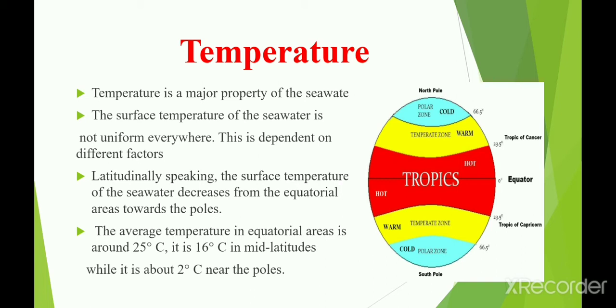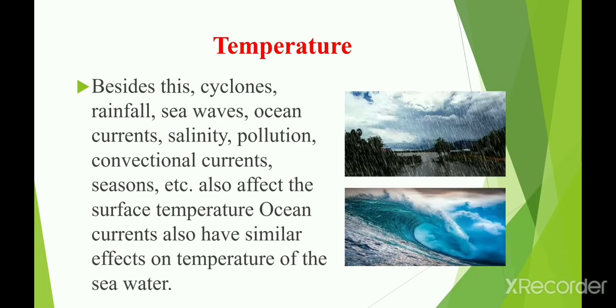And it is about 2 degree Celsius near the poles, the North Pole and the South Pole. Near the polar region, the surface water temperature remains 2 degree Celsius.